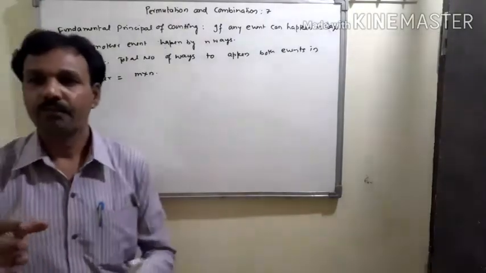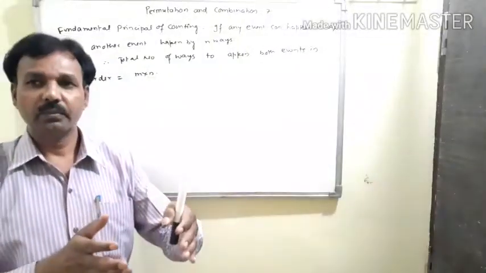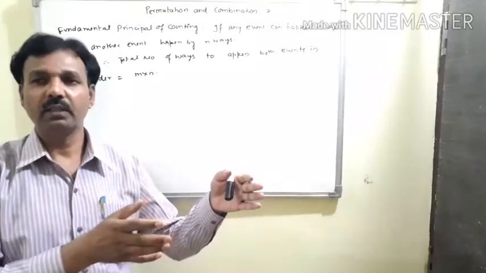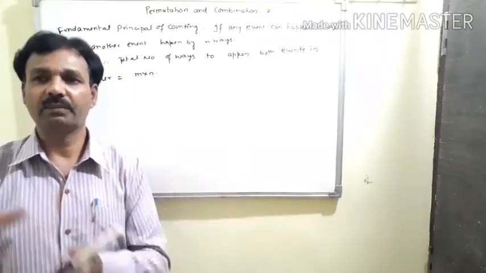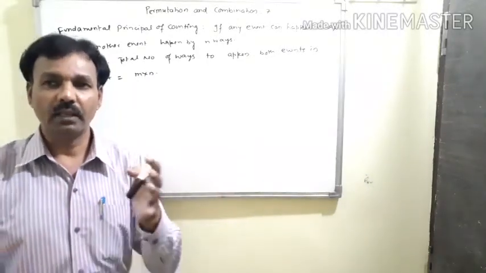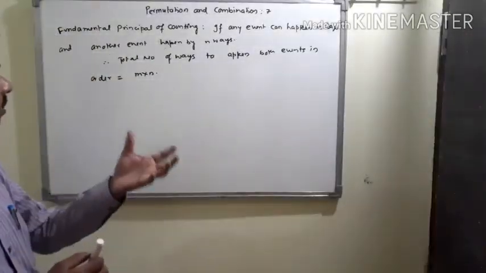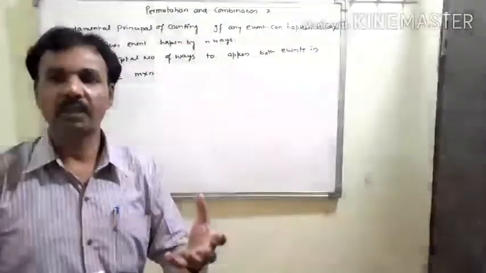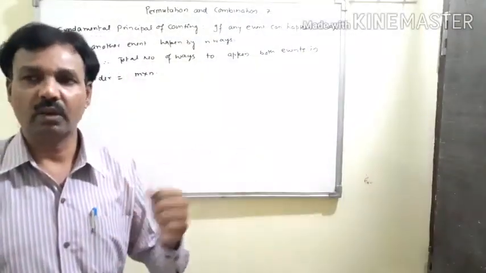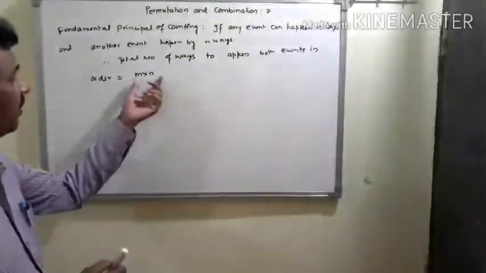That means ways of happening of the first type of event and ways of happening of the second type of event, and if we multiply both, then we can find the total number of ways of happening of both events in order, and this will be m into n.